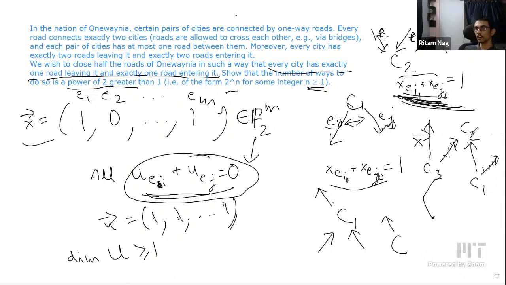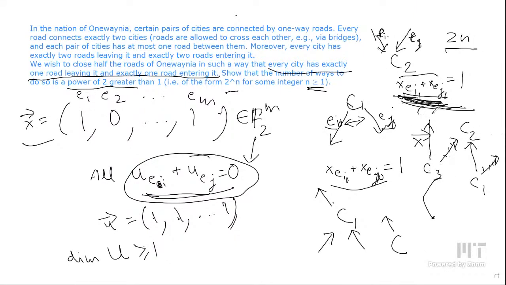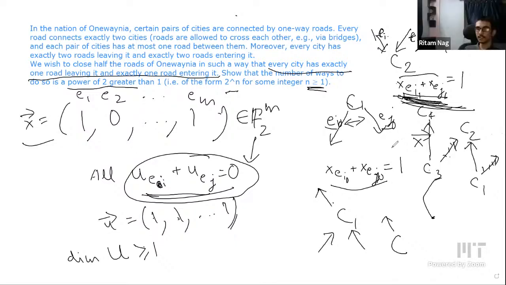It's essentially alternating. If you're taking an outgoing edge from C1 to C2, you have to delete the edge from C3 to C2, which is the other incoming edge to C2, which means you have to take the outgoing edge from C3 to wherever it goes, C4. And that's going to automatically happen. I'm just saying what you're going to do.